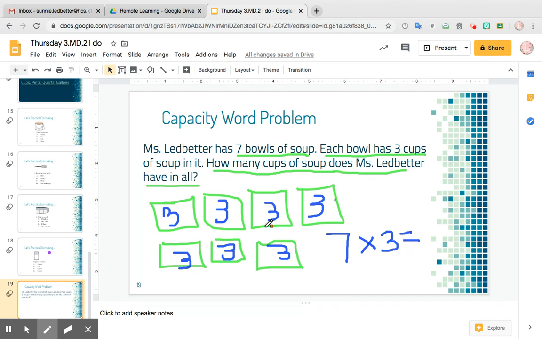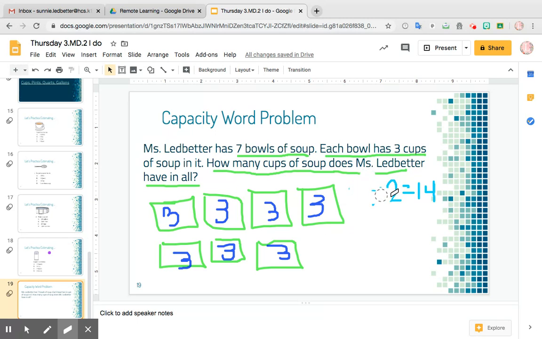Well, I know that 7 times 2 equals 14. Now to get to 3 groups, you know what? Here, let me rewrite this for you real quick. I'm going to do it the other way.